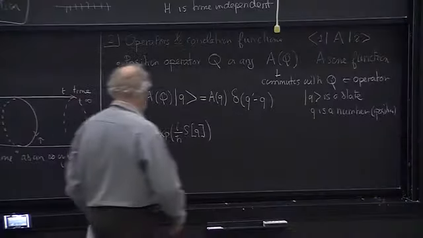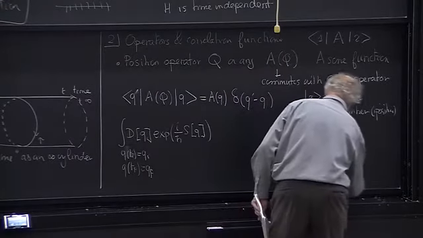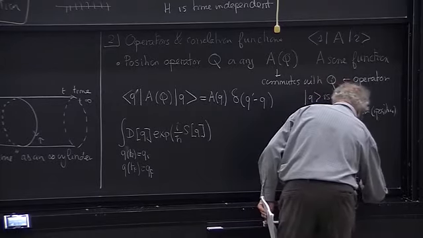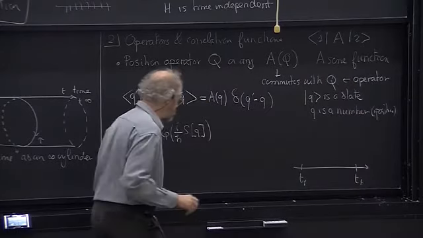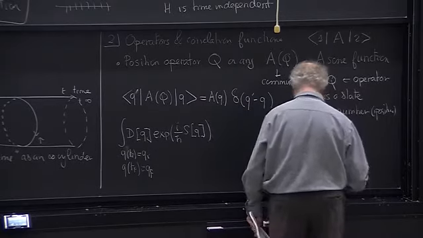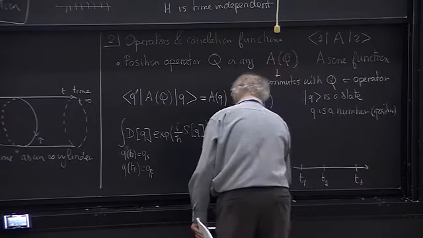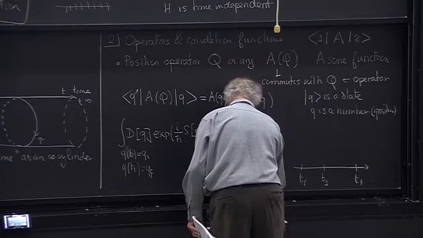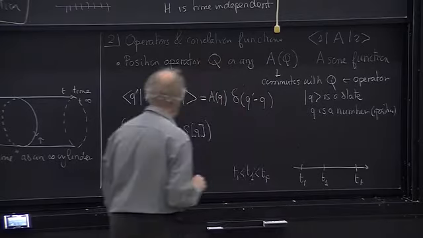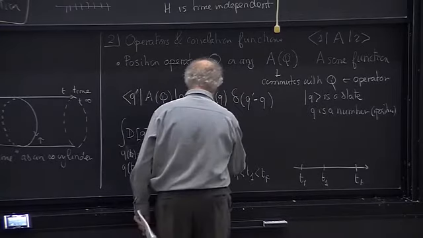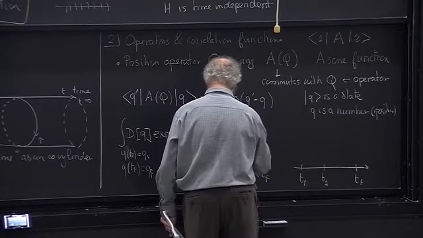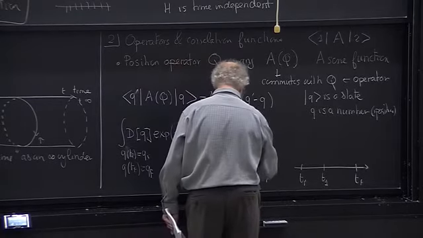And I consider this path integral. I start from the initial time and end up at the final time. At a given time t1, which is some time between t initial and t final, I insert in the path integral the function A of the value of q on the path at time t1.